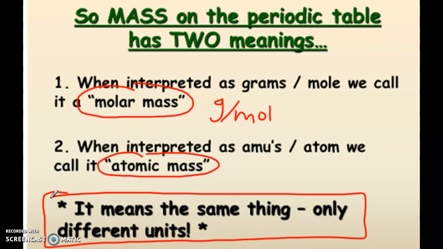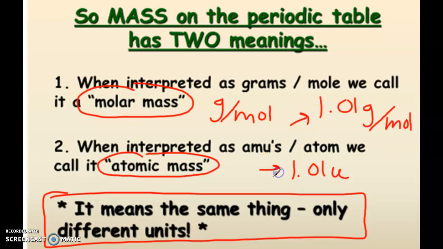So let's go to hydrogen again. Hydrogen's molar mass is 1.01 grams per mole, or we can say hydrogen's atomic mass is 1.01 atomic mass units. It's exactly the same thing. It's just that you didn't know about this before, and now you know.